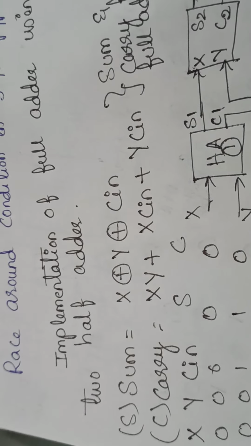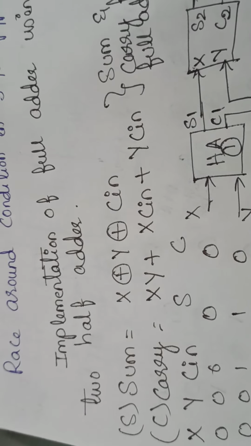Now we have to derive these two equations making use of two half adders. Here I am going to draw the block diagram, then the logic diagram, and then derive the expressions so that I get similar expressions like a full adder.